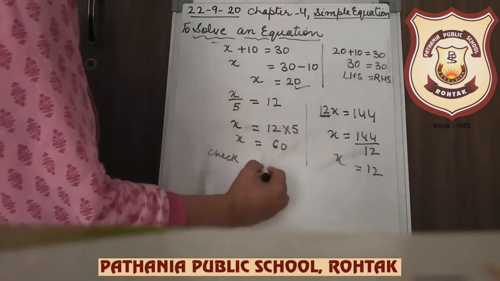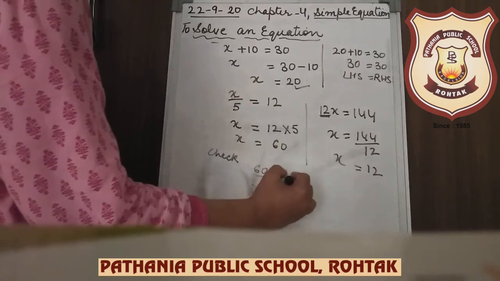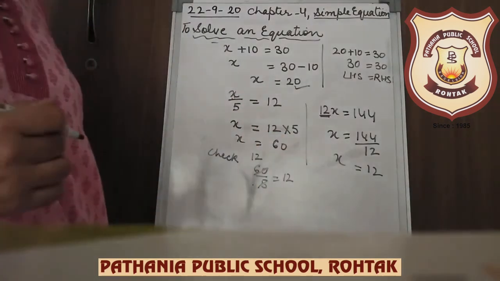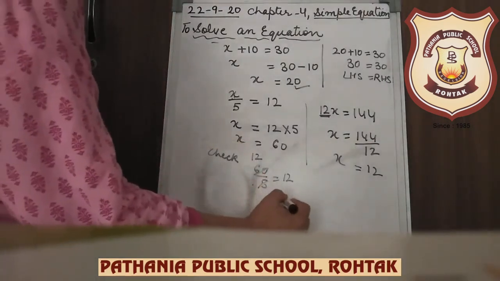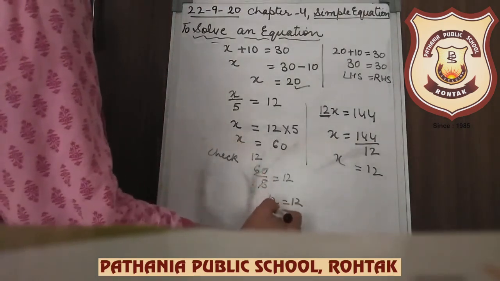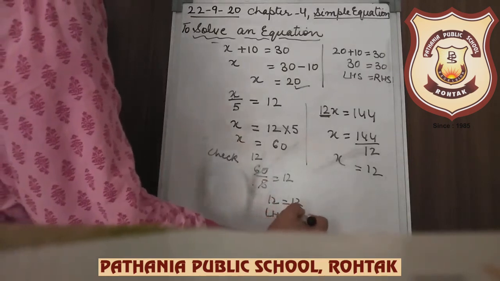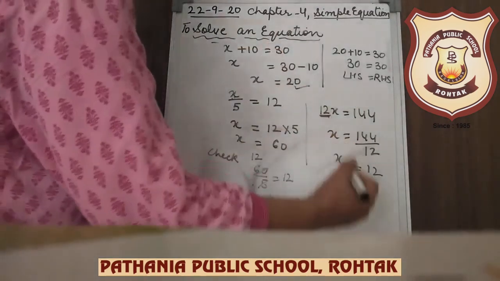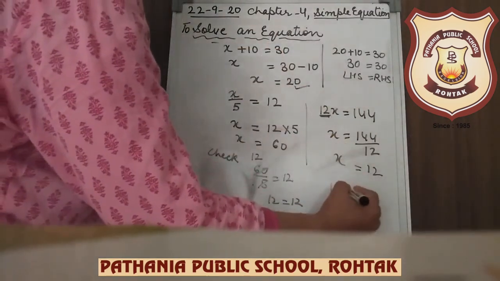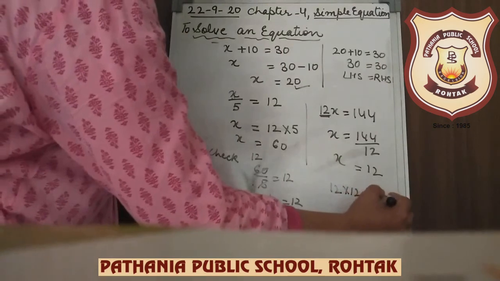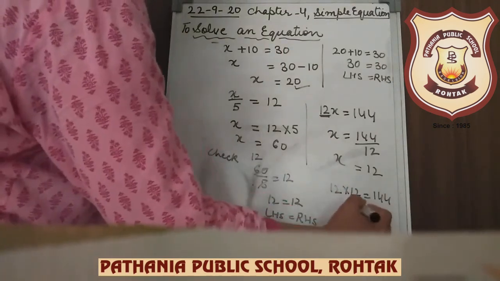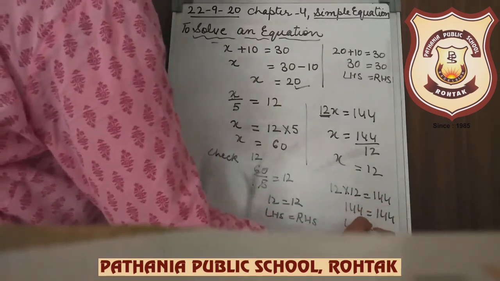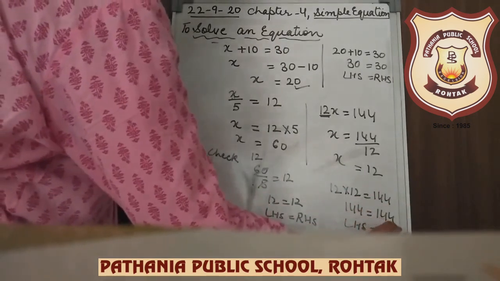For x put 60, 5 as it is, 12 fives are 60. So your left hand side is equal to the right hand side, and your answer is perfectly correct. Similarly for the other, 12 multiplied by 12 is 144. Again your left hand side is equal to the right hand side.